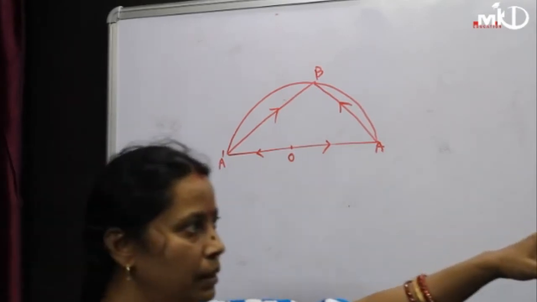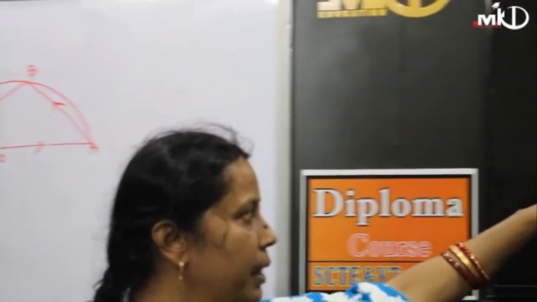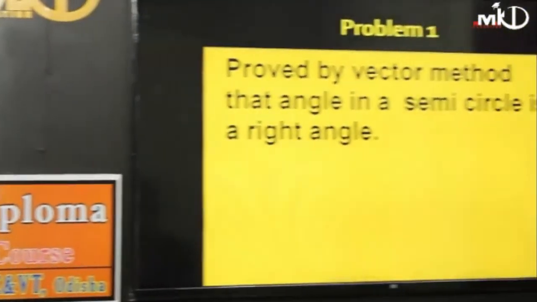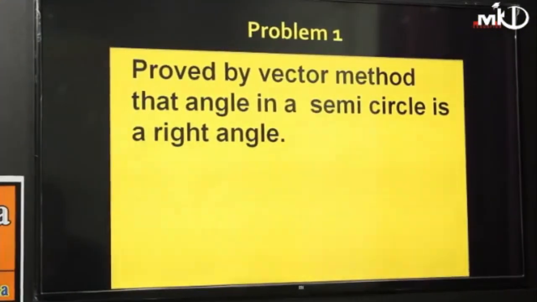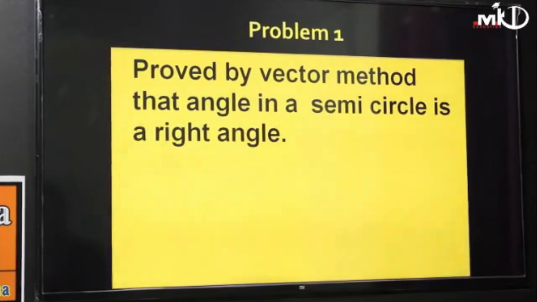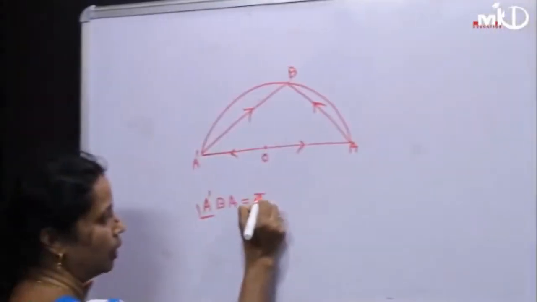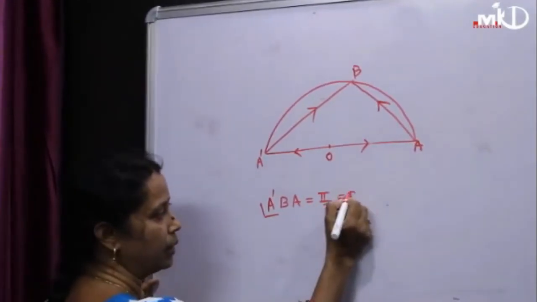What is our question? The angle in a semicircle is a right angle. That means here we have to prove that this angle A dash B A is equal to pi by 2 or 90 degrees.